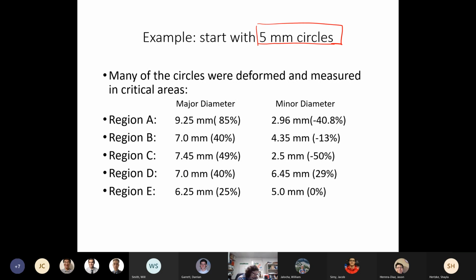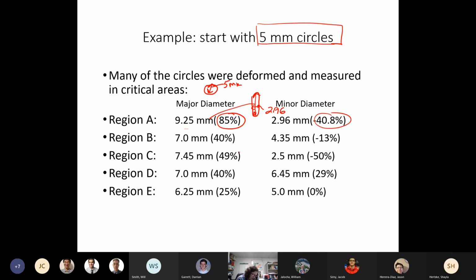Let's look first at region A. The circle went to having a major axis of 9.25 and a minor of 2.96, so our 5mm circle, we started in all cases with 5mm. 9.25 minus 5 divided by 5, so we're at 85% and negative 40, like around negative 41.